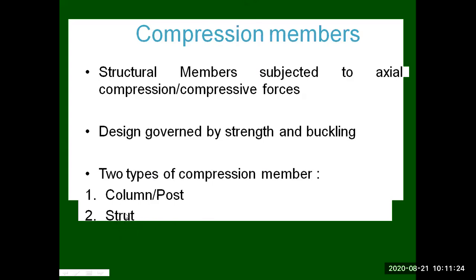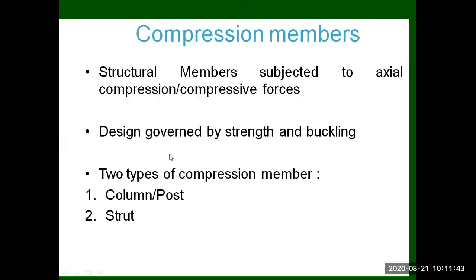Similar to the design of tension member, in the compression member we will see the design of strut. The second type of compression member is the column, and this column part we will see afterwards. Okay, after the design of strut, we will see the design of column.